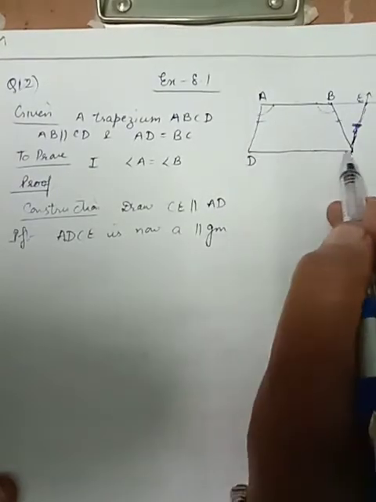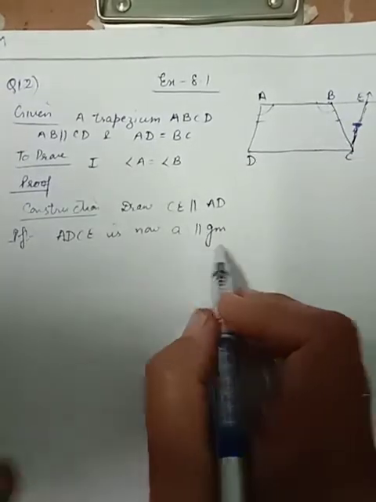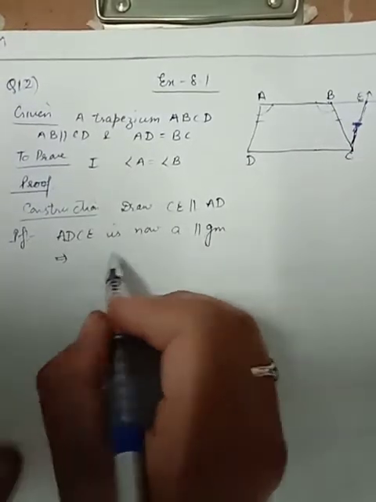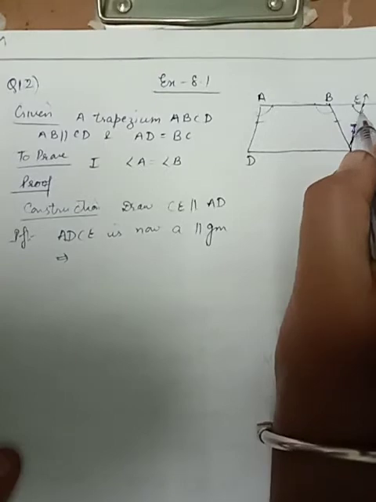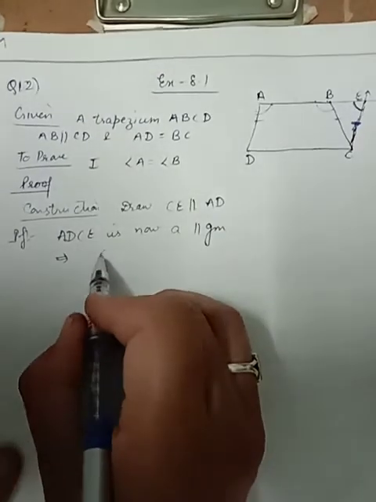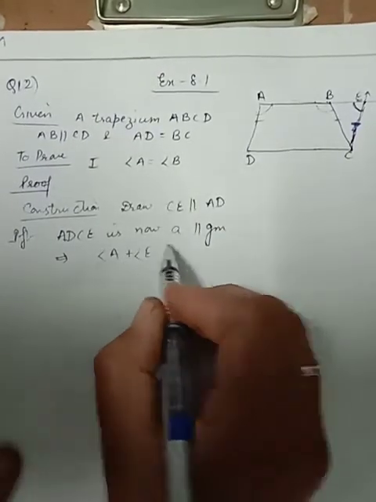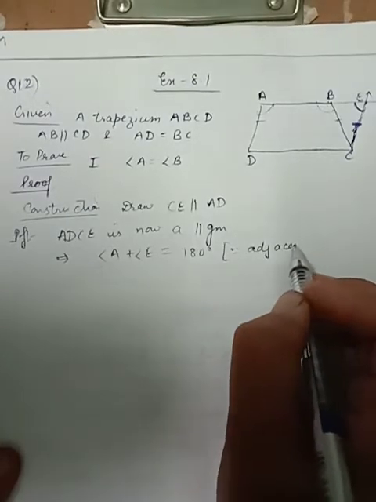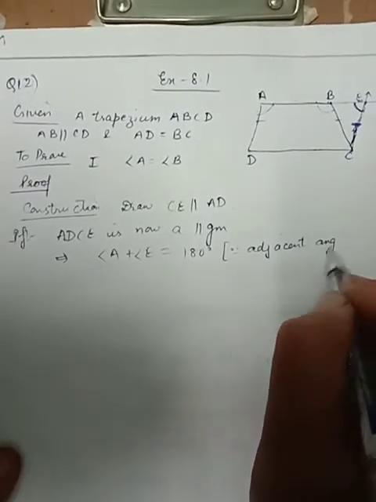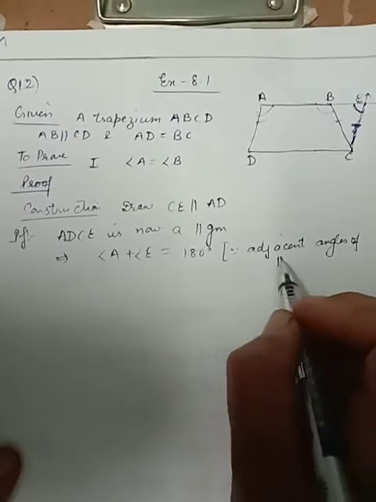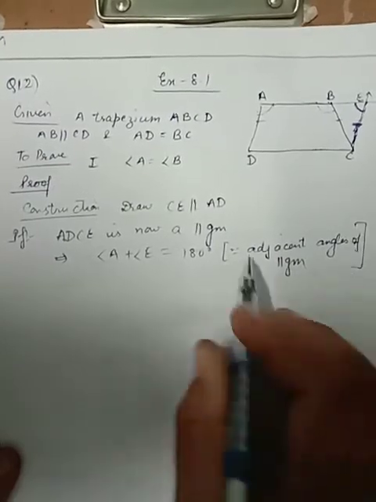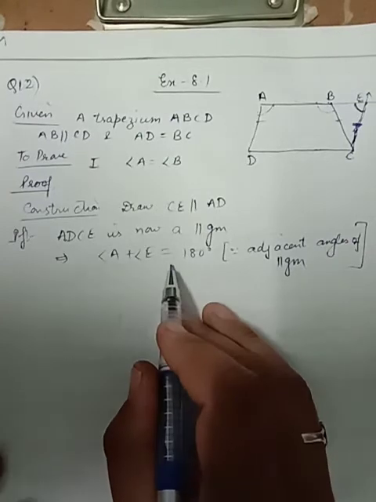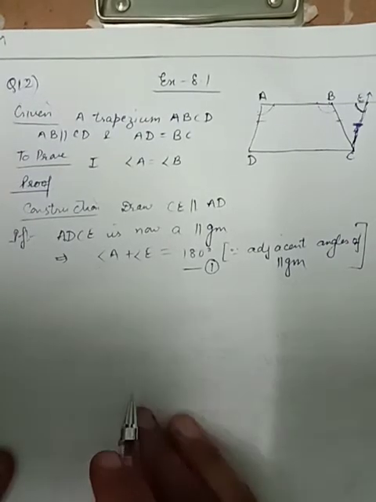Therefore, ADCE is a parallelogram, and in a parallelogram the adjacent angles' sum is 180 degrees. Angle A plus angle E is 180 degrees because adjacent angles of a parallelogram are supplementary, so we have got this equation number 1.